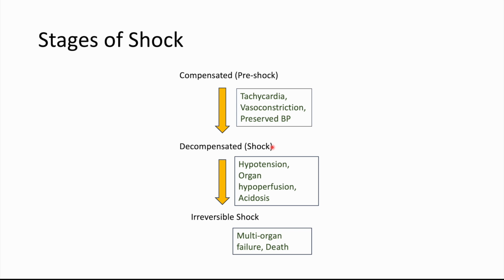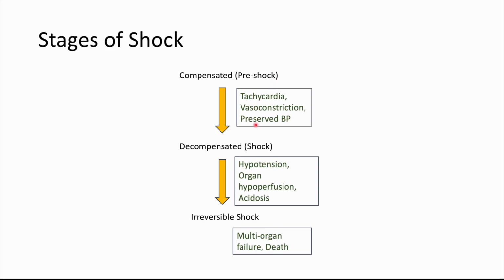So before going into evaluation of the patient with shock, we should know about the stages of shock. We should know where the patient lies, in which stage. So the shock progresses in three stages: compensated, decompensated, and irreversible shock. In compensated shock, which is pre-shock, you can see tachycardia, vasoconstriction, and preserved BP.